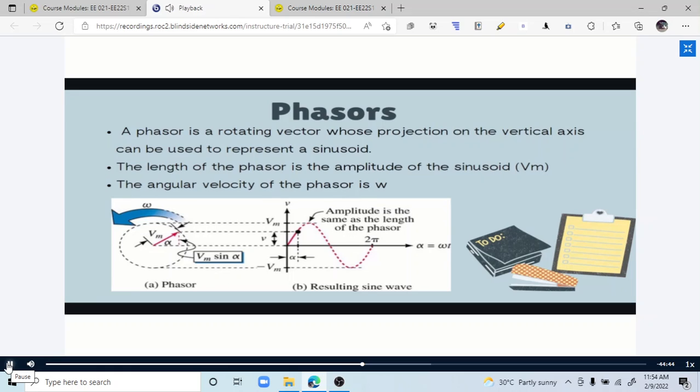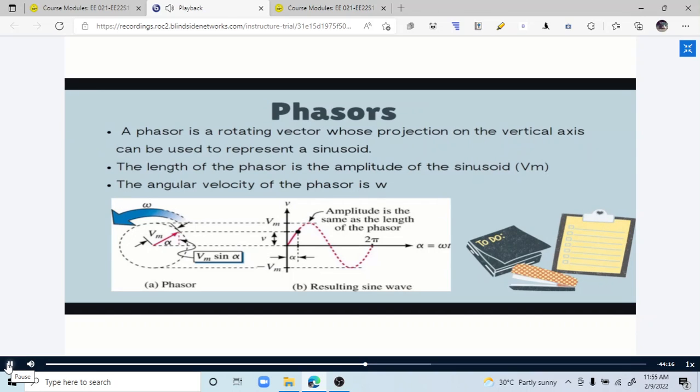Okay. So a phasor is a rotating vector whose projection on the vertical axis can be used to represent a sinusoid. As you can see in the image on your screen, imagine that we are rotating a certain line. If we rotate a certain line, it will result in a sine wave.